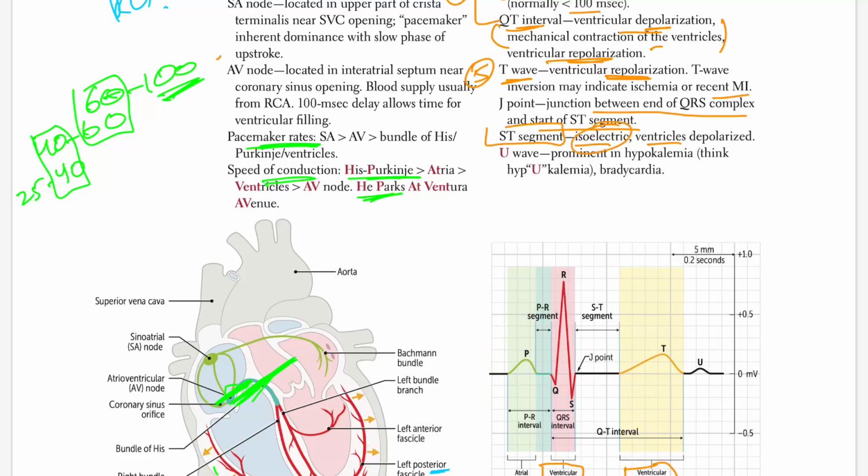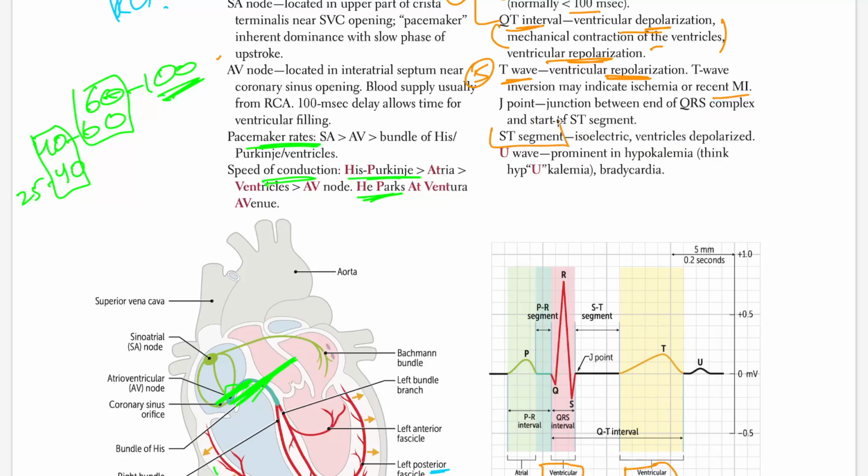Isoelectric means there is no charge. There is no current that is going in or out. It's isoelectric, a kind of relaxed state.